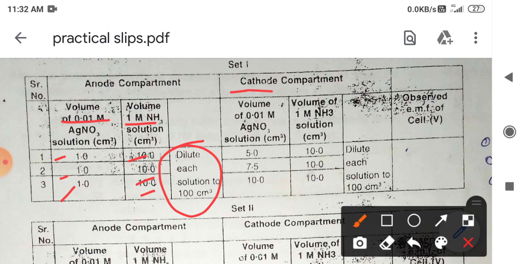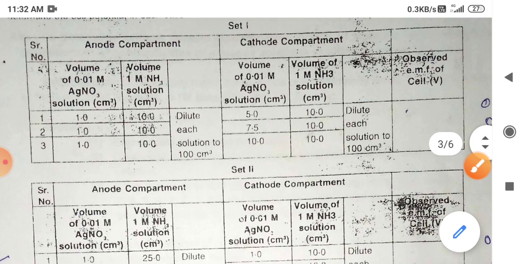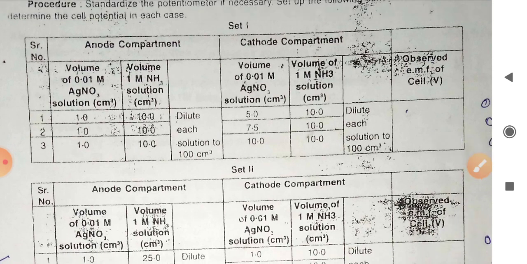In the cathode compartment we have varying amounts of silver ions: in the first set, 5 ml of silver nitrate, then 7.5 ml, and then 10 ml. The volume of ammonia is kept constant, that is 10 ml each. Again we dilute this solution up to 100 cm cube and observe the EMF of the cell using the potentiometer. That is the first set.